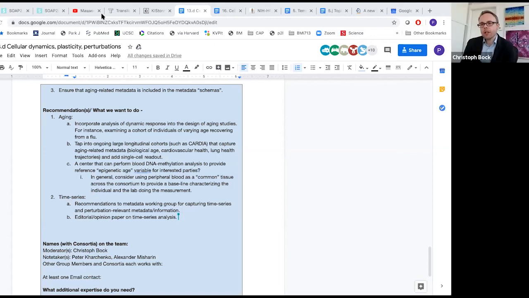I guess so far the focus of those people who have looked at time series, also at pseudotemporal ordering, has been for the most part in development and in immune context. So I guess the question would really be, can this be scaled beyond? Are time series a sufficiently universal concept that they can cover time series at the individual level, at the organ level, at the tissue and single cell level?